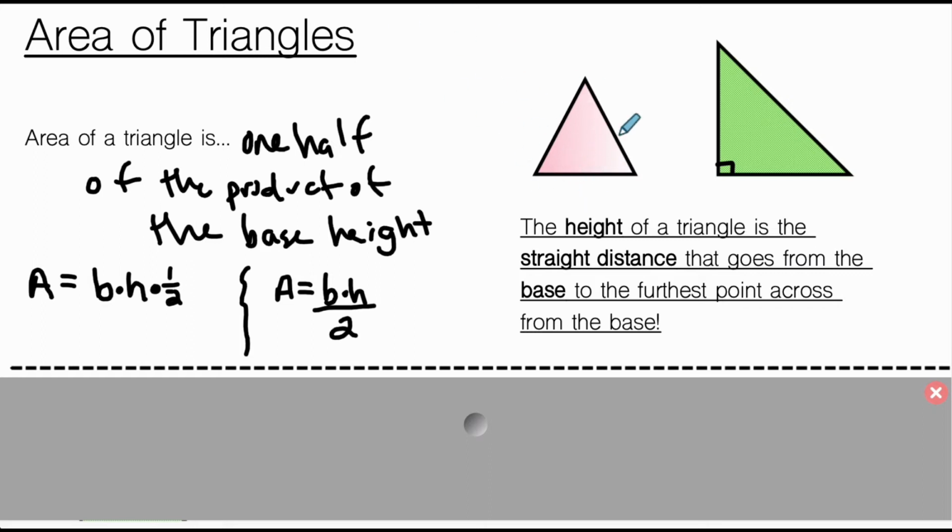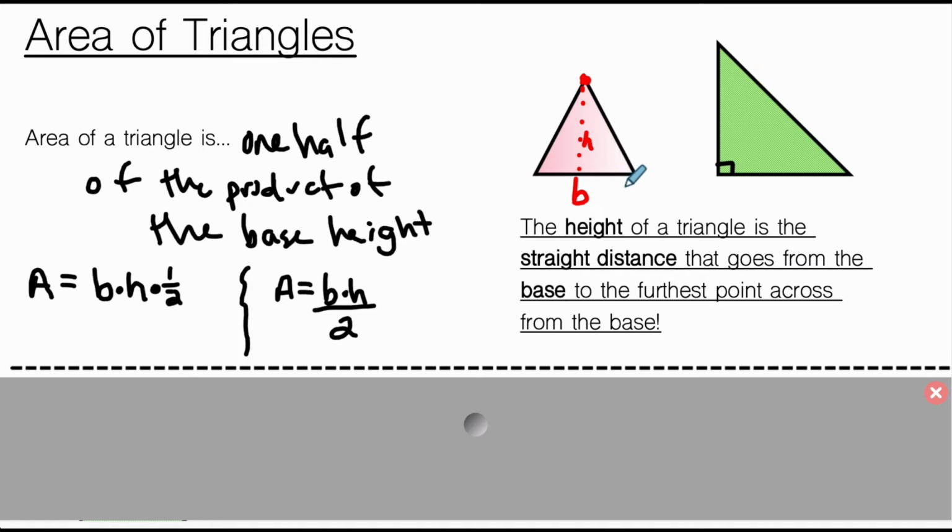If we want to call this side the base, then the height has to be a straight distance that goes from the base to the furthest point from the base, which would be this point up here, meaning the height would have to be a straight line that goes right down the middle. This would be the height.